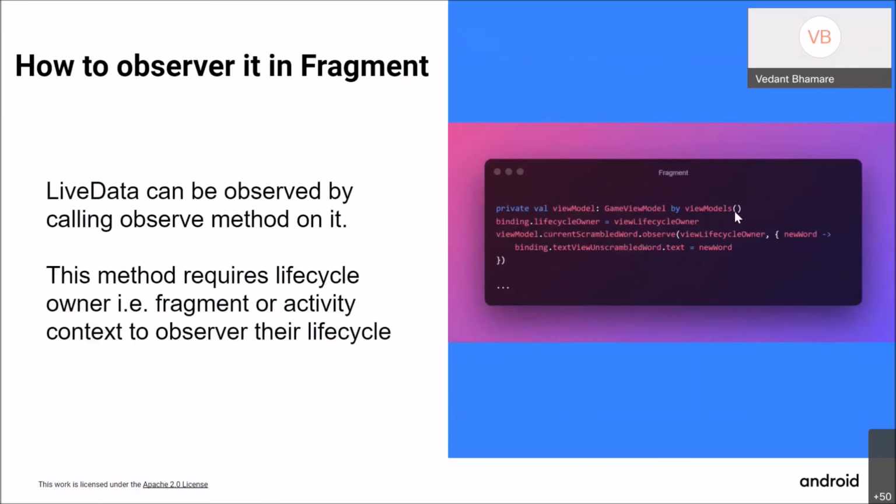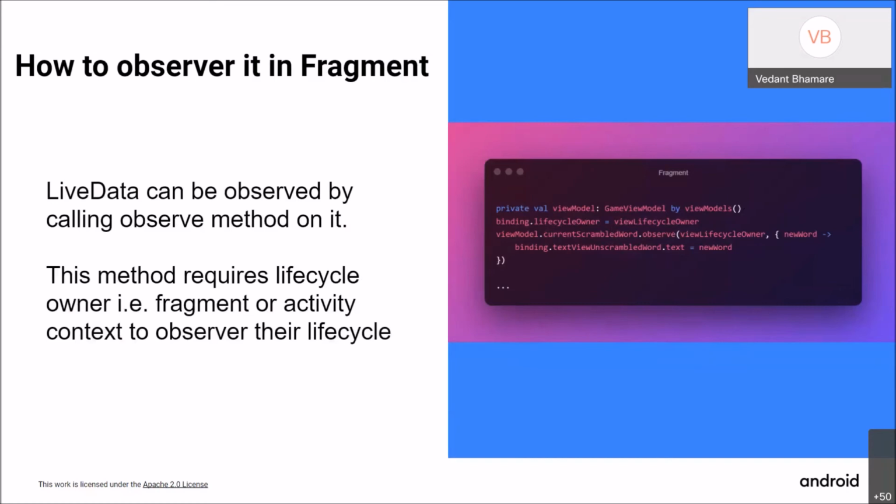So first, as usual, you define the view model. You initialize the view model in the fragment. You have to set now the life cycle owner. So as I said, live data is life cycle aware. View model looks for life cycle, and live data is life cycle aware. So you have to supply the activity you are reading for.